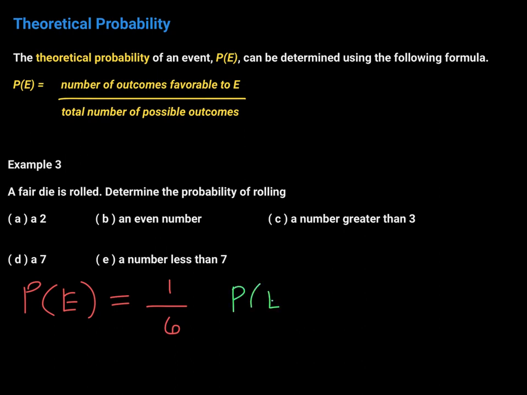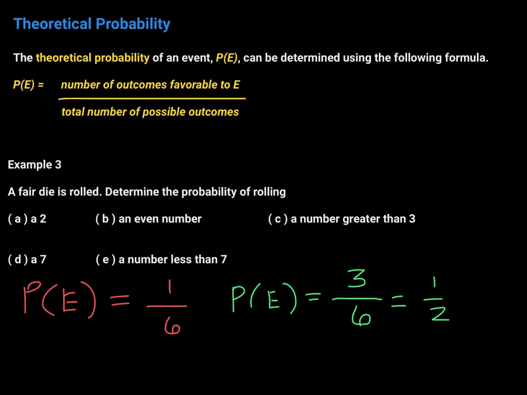P(E). This time, E stands for the event that I will roll an even number. Your even numbers between 1 and 6 are 2, 4, or 6. That means there are 3 favorable outcomes out of 6 total possible outcomes. So this is 1/2.